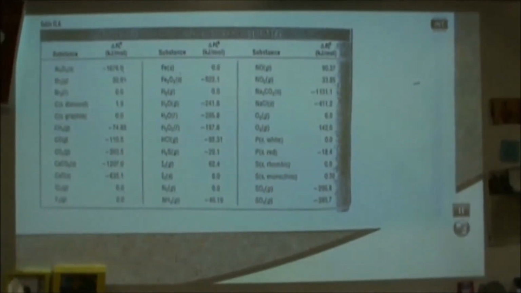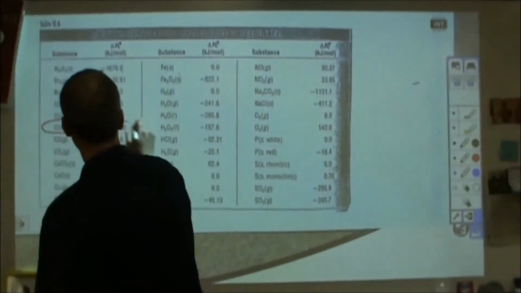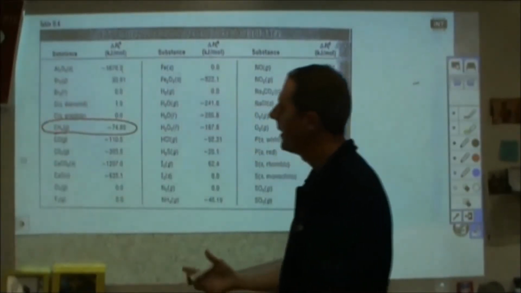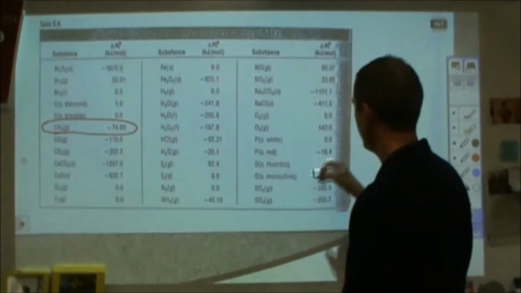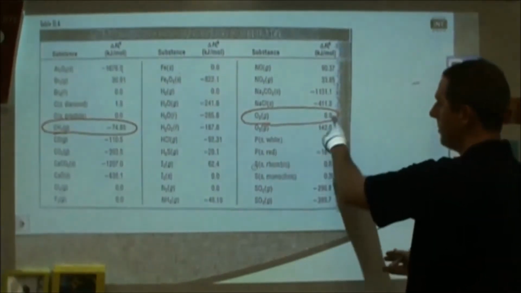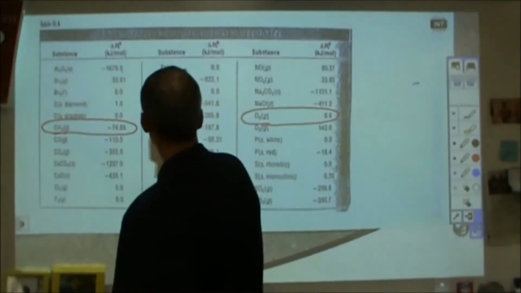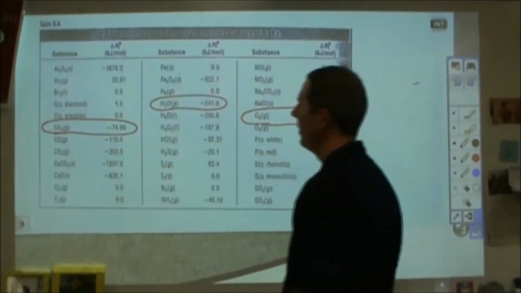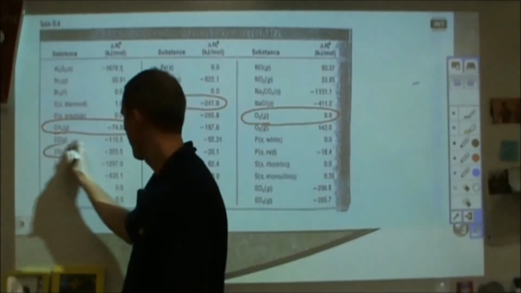Okay. So if we go through, methane here is our first chemical, and it has an enthalpy of formation of negative 74.86. That's going to react with oxygen, which unsurprisingly is an element, and in its normal conditions would be 0. And then we're going to form two things. We're going to form steam, water, and we are going to form CO2.